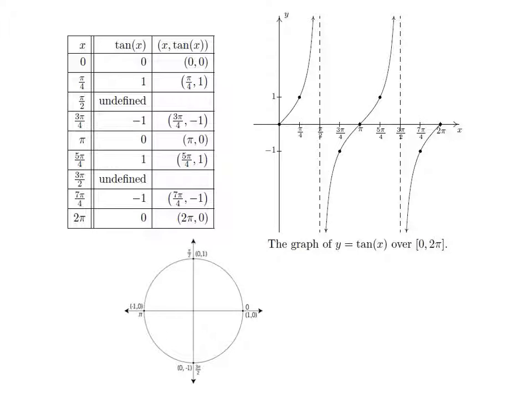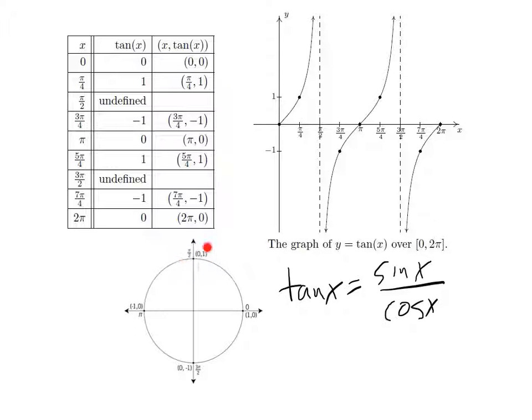Looking at the graph of y equals tangent x, we're going to use our unit circle information and the fact that tangent x is sine x over cosine x. Sine x is the second part of the point and cosine x is the first. So for 0, tangent is sine over cosine, 0 over 1, which is 0.